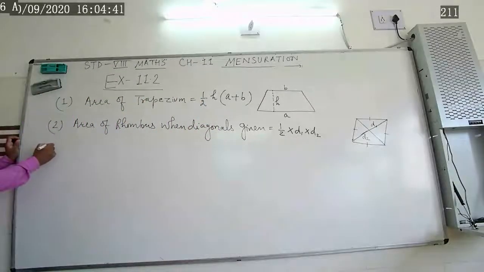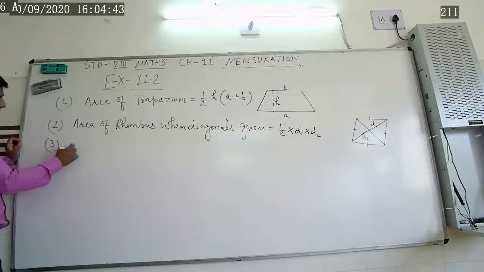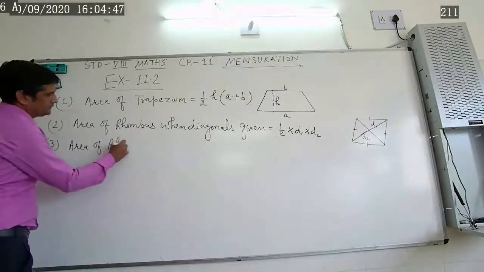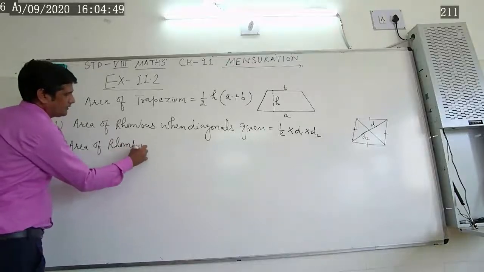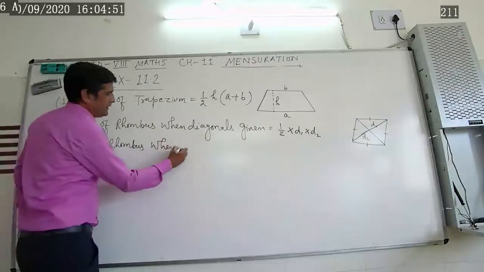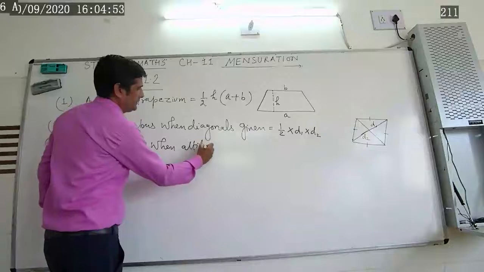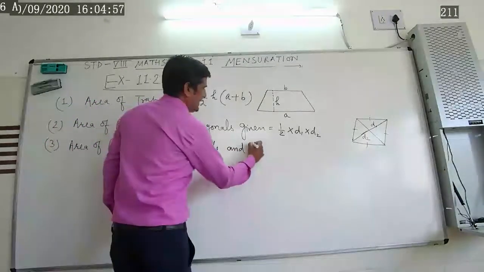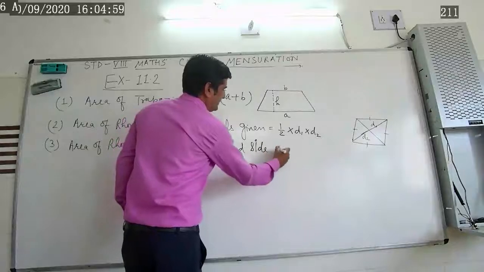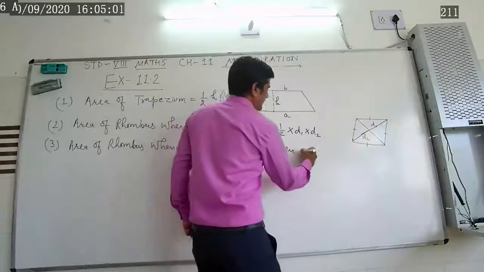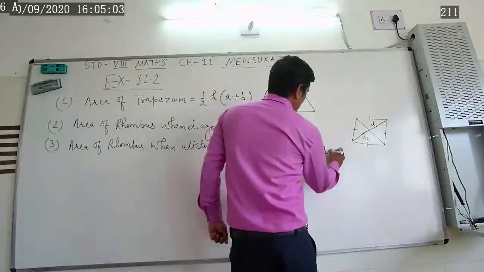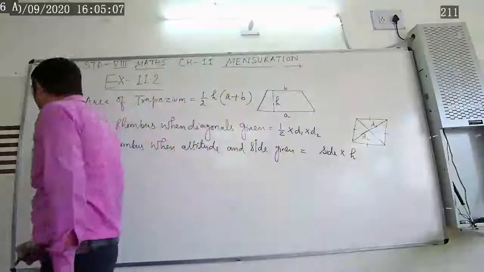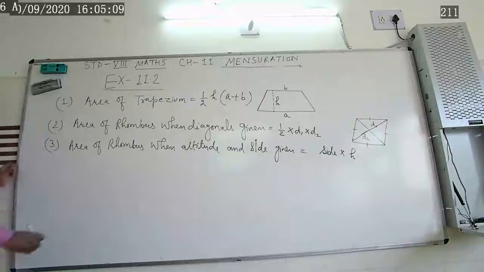Now the third formula, area of rhombus when altitude and side are given, that is equal to side into H. Side into H. This is the third formula.